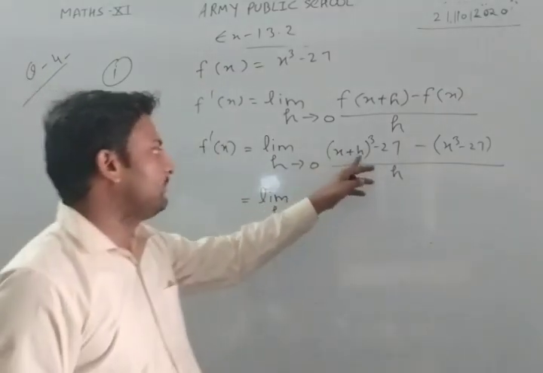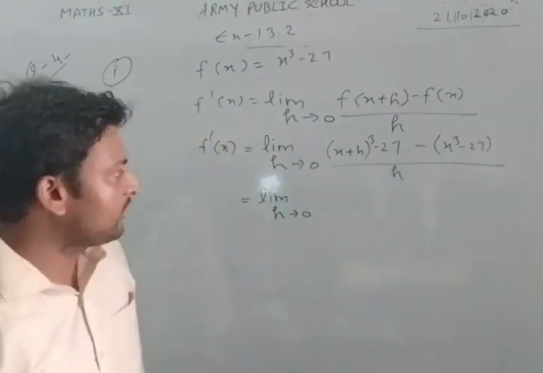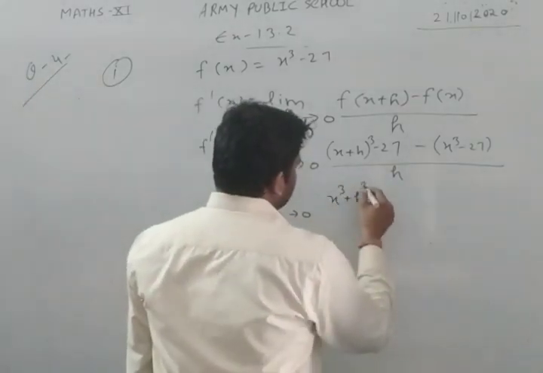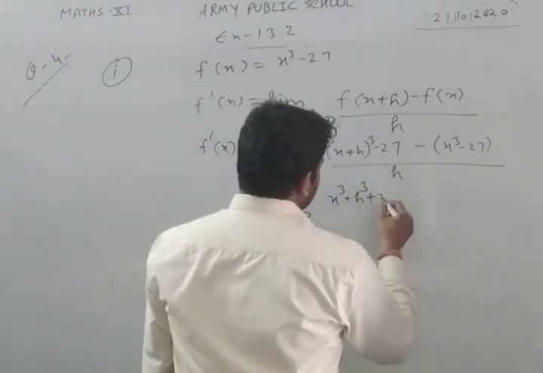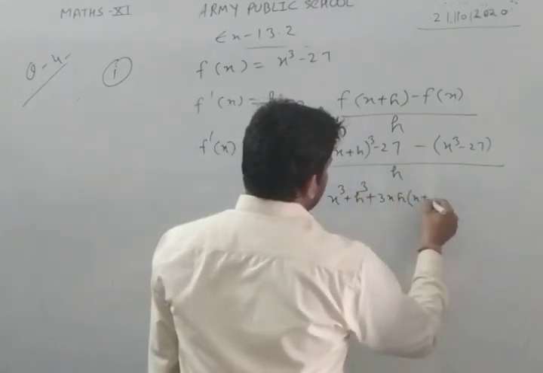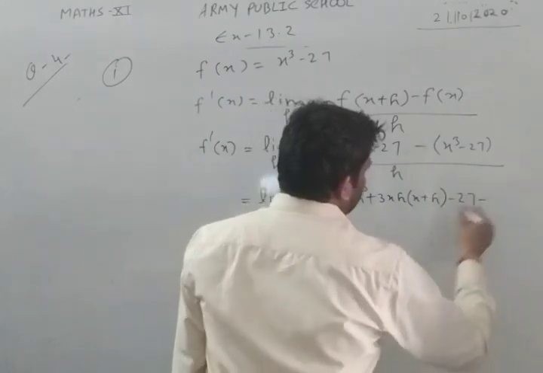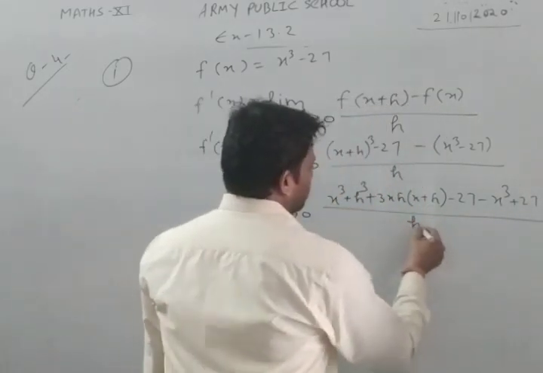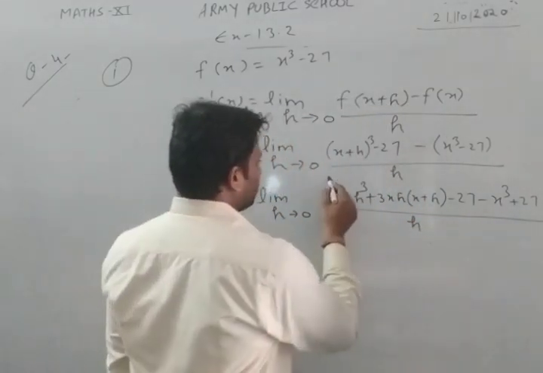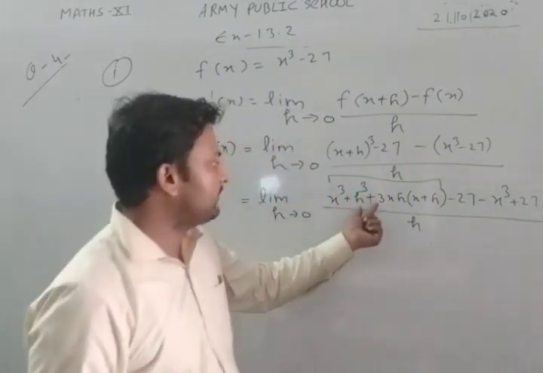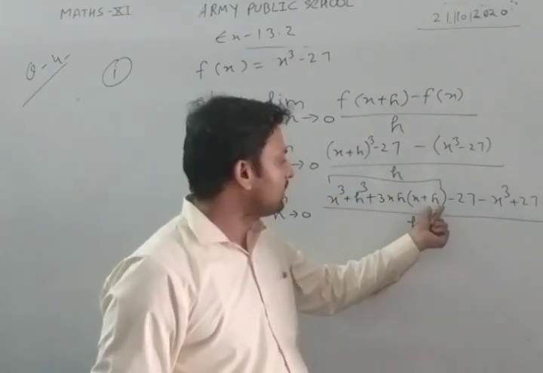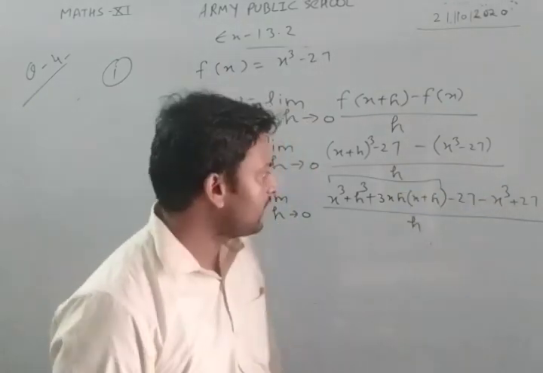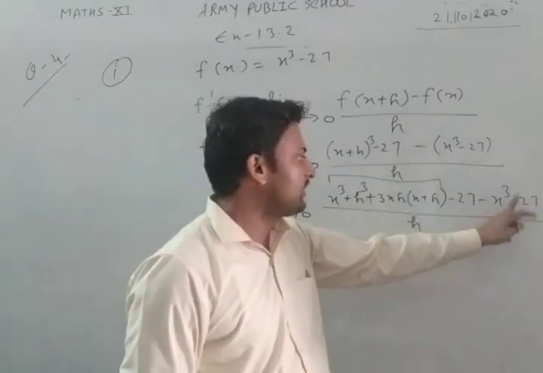After opening, this is (a plus b) whole cube, so we write a cube plus b cube plus 3ab(a plus b), minus 27, minus x cube plus 27, divided by h. Here this is our formula from here to here: a cube plus b cube plus 3ab bracket we have, under bracket a plus b, and minus 27, and this is our f(x). Okay, when we open this bracket the sign will be changed.